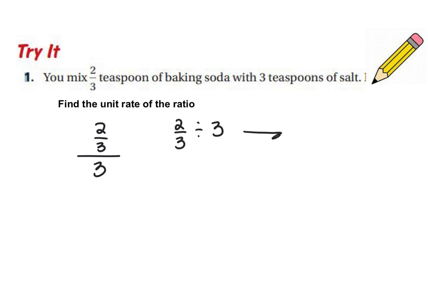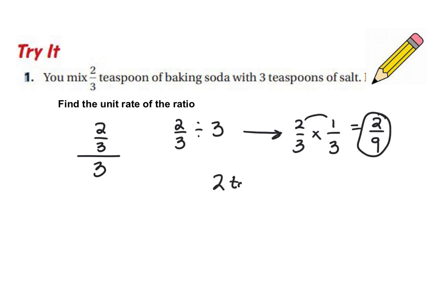And we know that is really 2/3 times the reciprocal, which is 1 over 3. 2 times 1 is 2, and 3 times 3 is 9. So 2/9, or we could write it as 2 to 9 or 2:9.